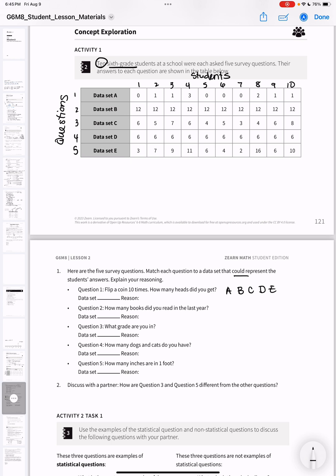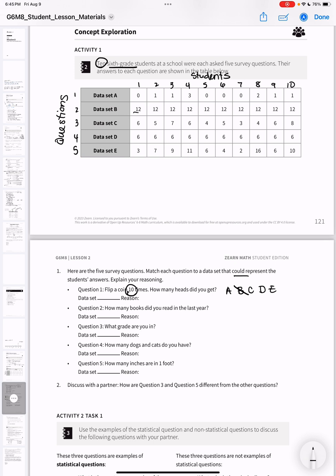So looking at the data, I'm going to say no to B right away because I don't think that it's reasonable to think that every single student would get 12 heads every single time. And that's not really possible either because it's over 10. So any data set that has a number over 10 can't be right.